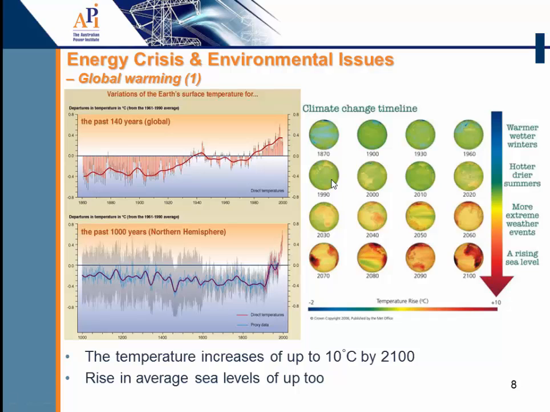The second main reason why we need to turn to renewable energy is global warming. Global warming is the heating up of our atmosphere, the whole Earth, due to emissions, gas particles that stay in the atmosphere and reduce the amount of heat escaping to space.